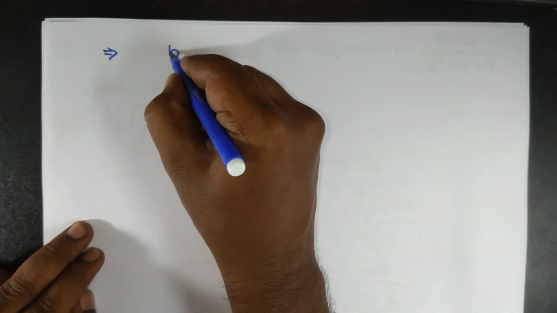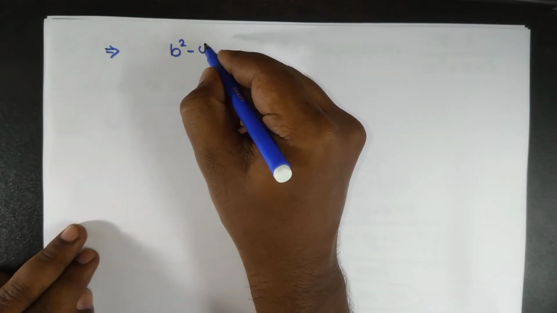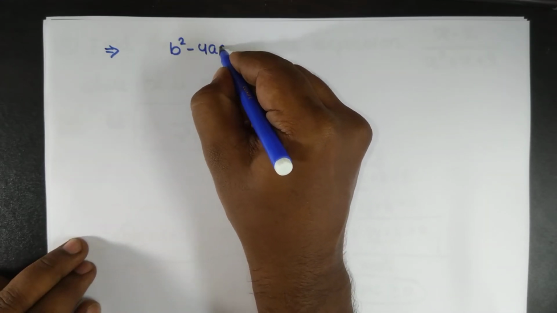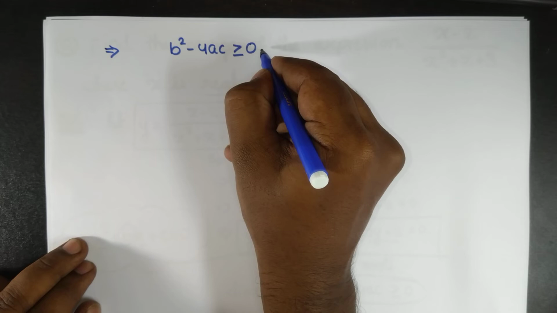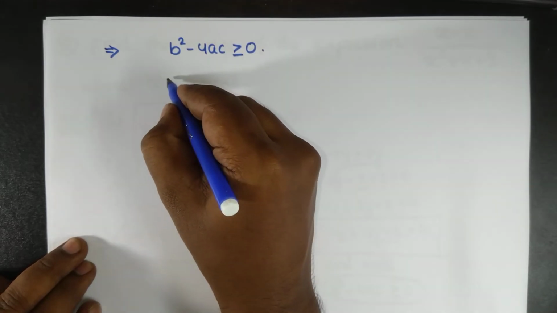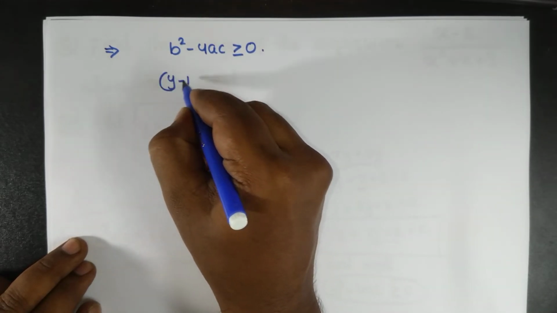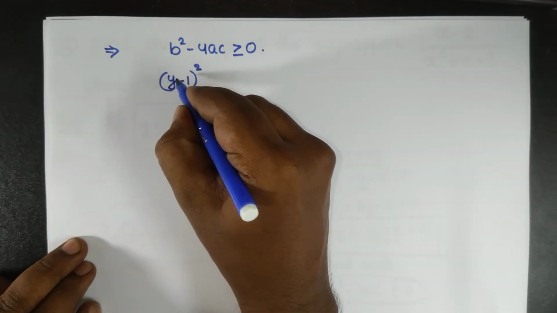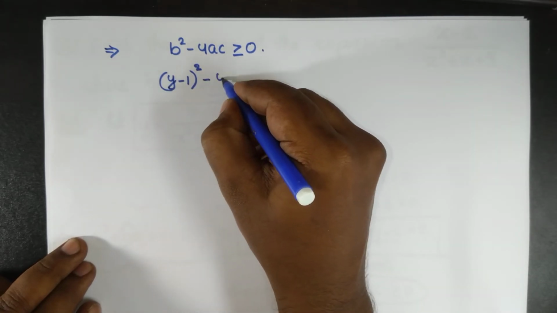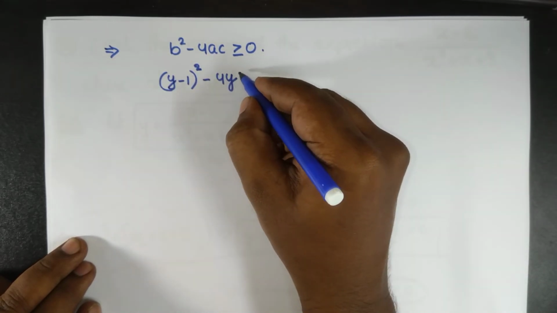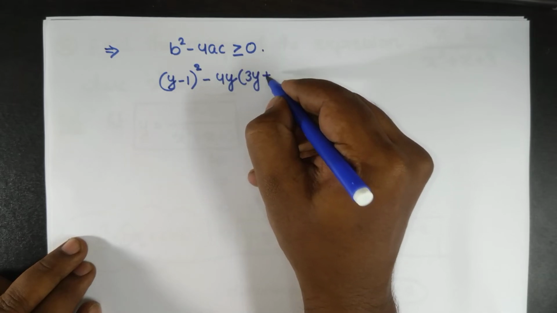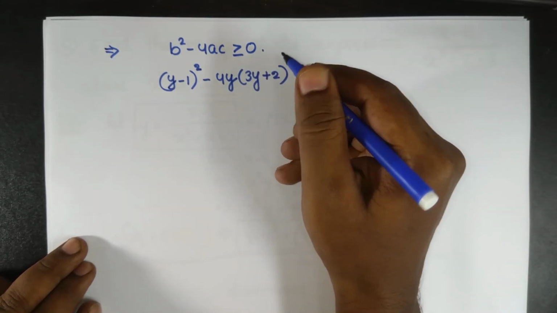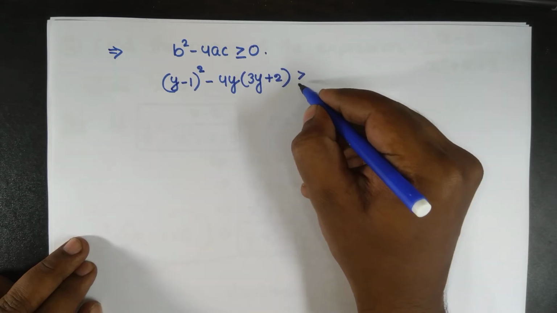So you have the discriminant b squared - 4ac greater than or equal to 0. Now in place of b you put y - 1. So (y - 1) whole squared - 4y multiplied by (3y + 2) greater than or equal to 0.